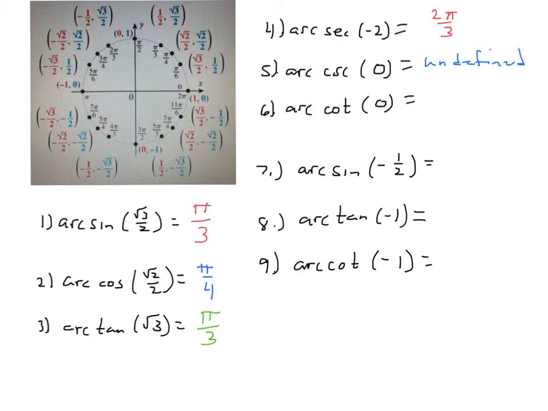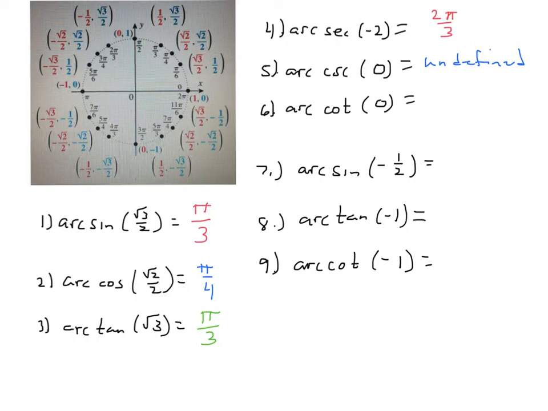Now the arc cotangent of 0. Remember on this one, arc cotangent is going to be an angle somewhere between 0 and pi. And I know the cotangent has to be 0. Remember, by the identities, cotangent is cosine over sine.